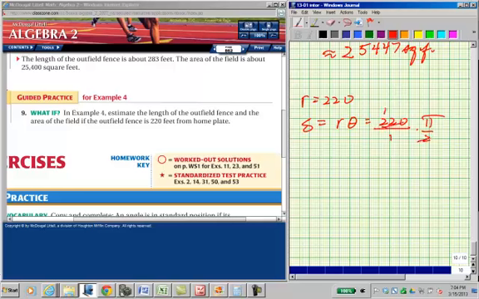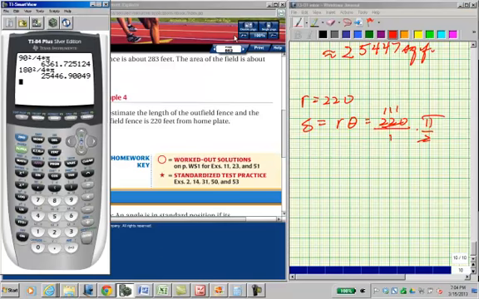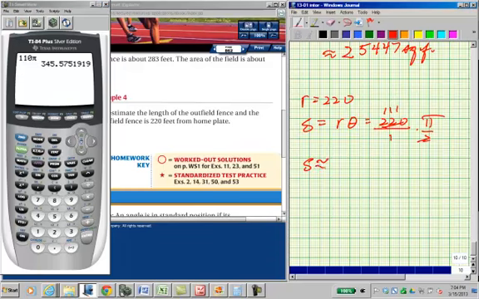So it's 110 pi. So let's clear this, 110 times pi. So S is approximately equal to about 346 feet.